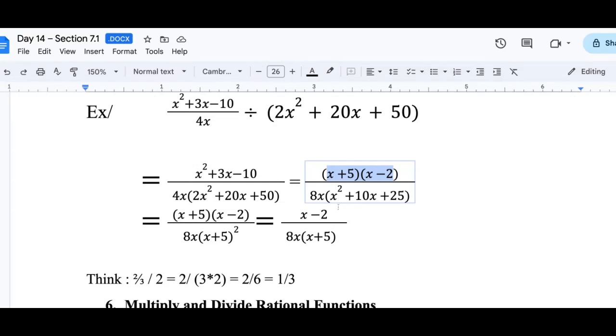Then we have x squared left, then we have 10x, then 25. x squared plus 10x plus 25 is a perfect square. It's x plus 5 squared. So one term cancels with the numerator x plus 5. So we're left with x minus 2 over 8x times x plus 5.